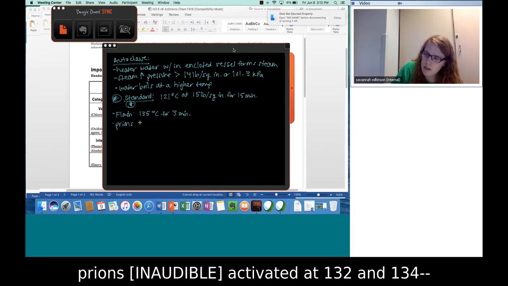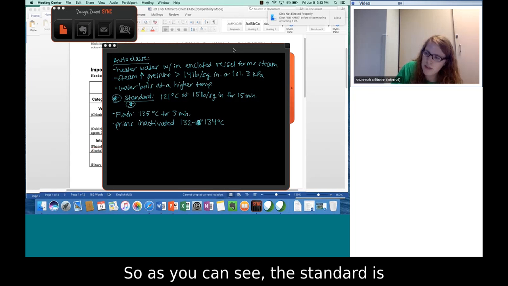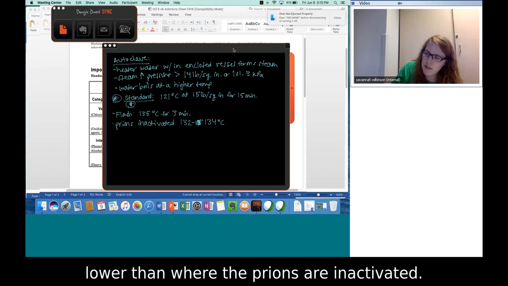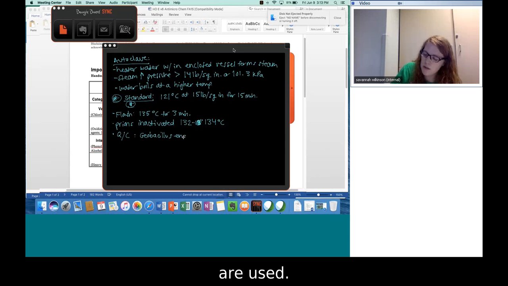Prions are inactivated at 132 to 134 degrees Celsius. So as you can see, the standard is lower than where the prions are inactivated. And for quality control, Geobacillus endospores are used.